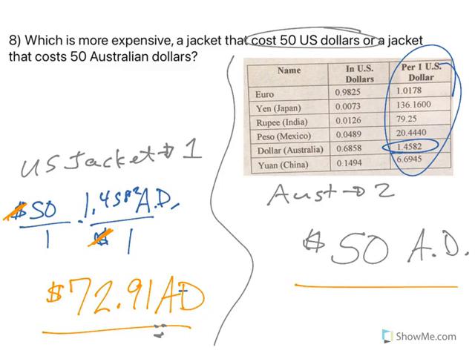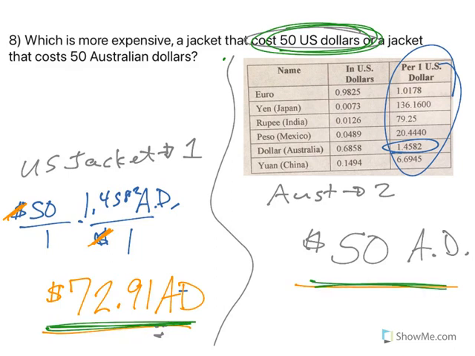So that means the $50 in the US is going to cost more. Because if I was in Australia, that same jacket would cost me 72 Australian dollars, whereas the Australian jacket is only 50 Australian dollars. So you've got to be in the same unit so you can see which one is more expensive, that kind of thing. I love currency conversions.